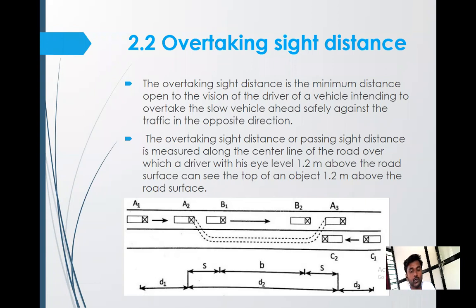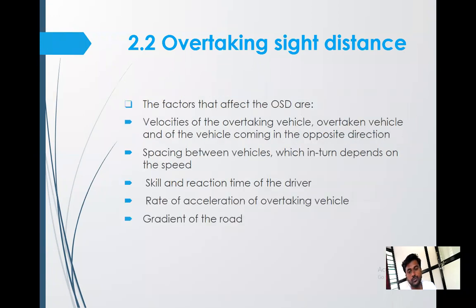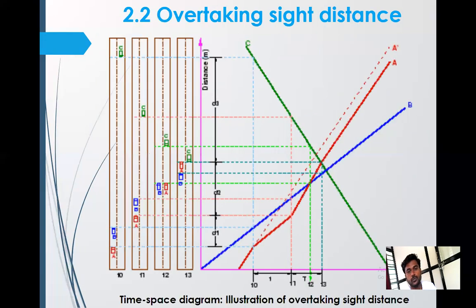So we should also know the acceleration of the vehicle A, so that there will not be any accident. Okay. The gradient of the road. If there is a gradient in the road, we should know whether it is an ascending gradient or a descending gradient. That also we should know while calculating the overtaking sight distance.